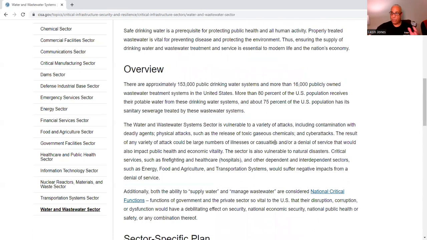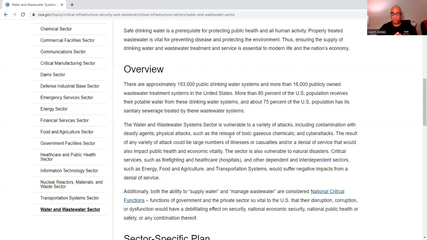Again, this is a very important system because this sector is vulnerable to a variety of attacks, not just terrorism, but toxic gaseous chemicals, physical attacks, contamination with deadly agents.